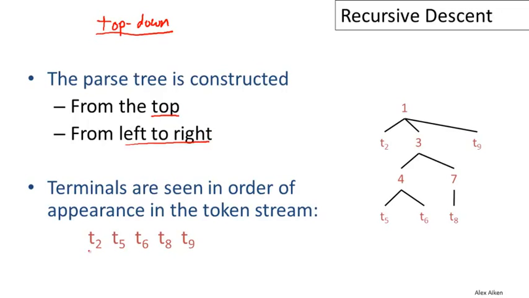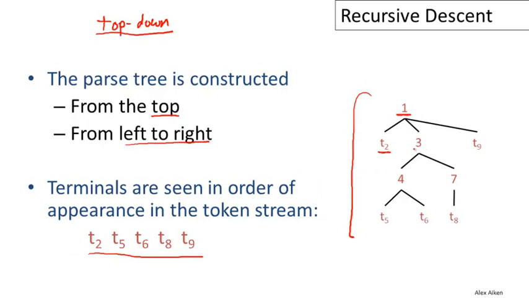So for example, if I have this token stream here, this is a hypothetical parse tree that I could construct, and the numbers here correspond to the order in which the nodes of this parse tree are constructed. So we have to begin at the root. That's the first thing that happens. Then if T2 belongs here in the parse tree, that'll be the next thing that happens.